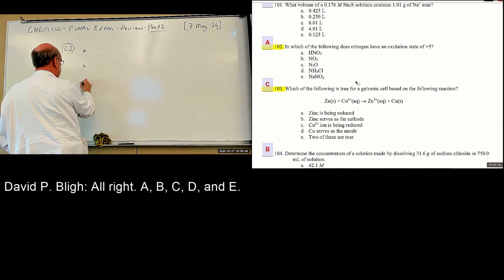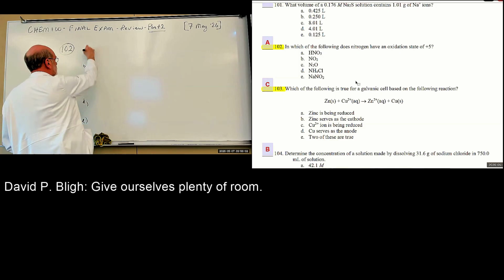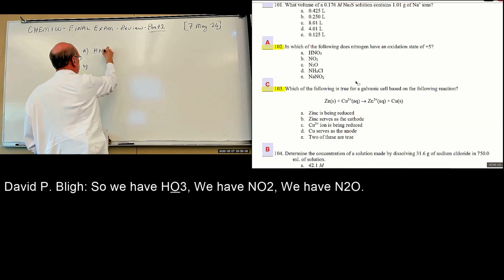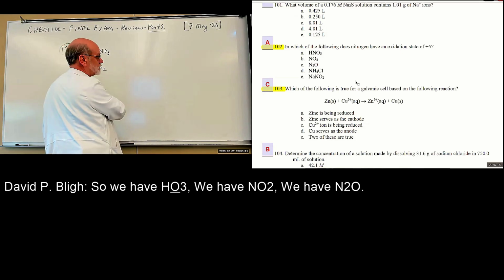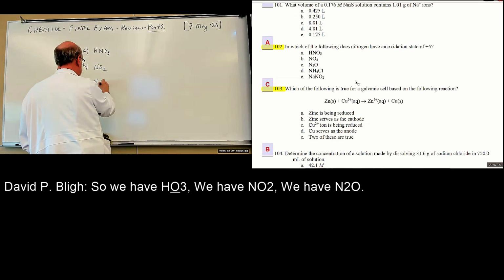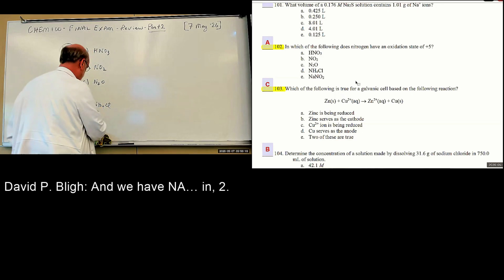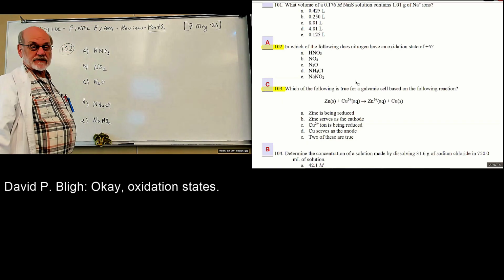A, B, C, D, and E. Give ourselves plenty of room. So we have HNO3, we have NO2, we have N2O, we have NH4Cl, and we have NaNO2.